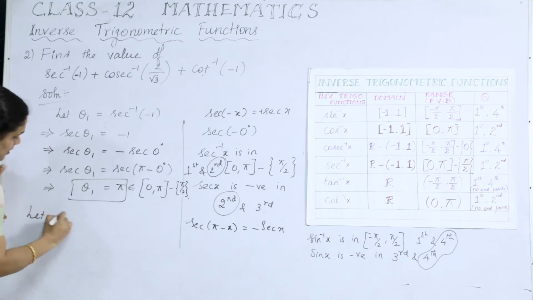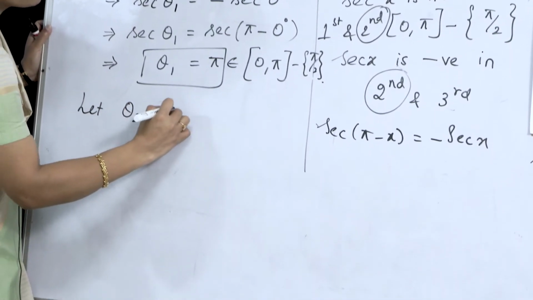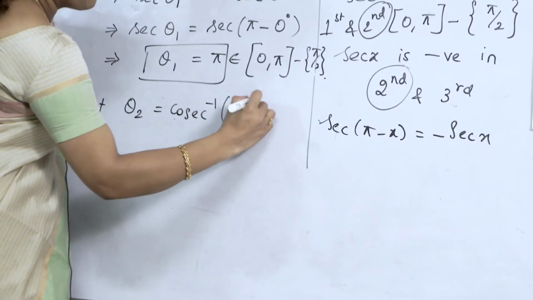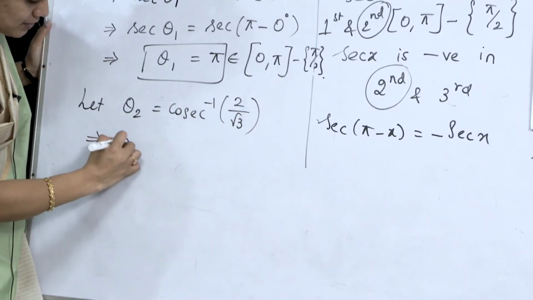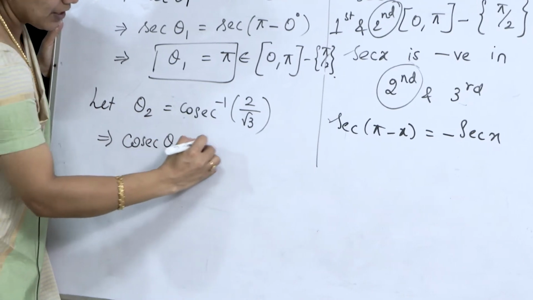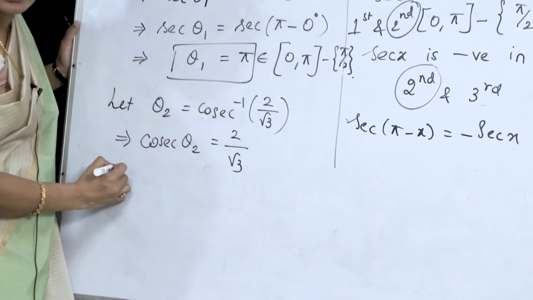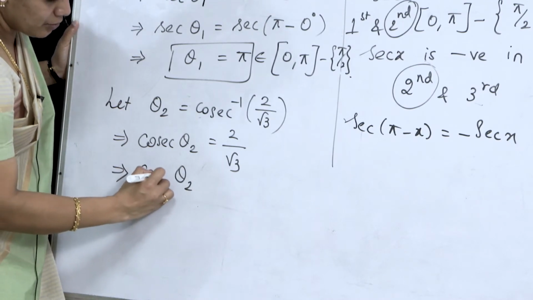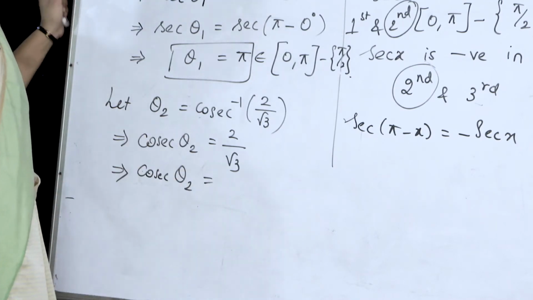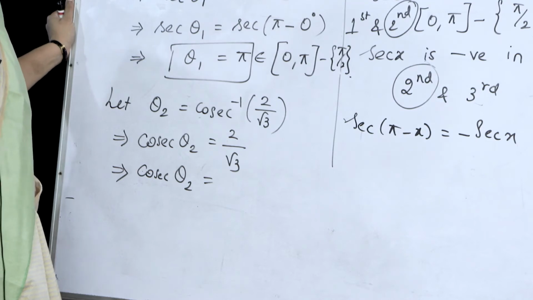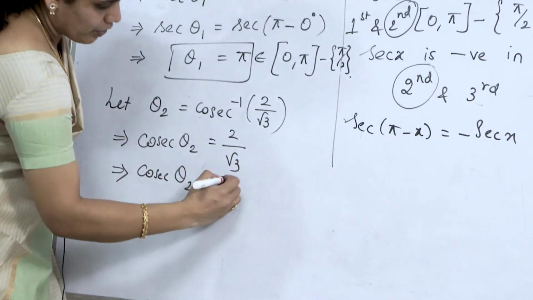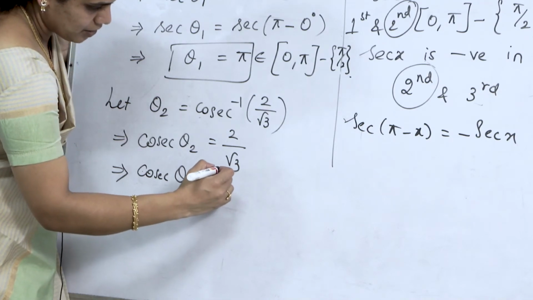Let theta 2 equal cosecant inverse of 2 by root 3. So this is cosecant theta 2 is equal to 2 by root 3. In this case, which angle of cosecant is 2 by root 3? That is, sine 30 is root 3 by 2, therefore cosecant, right? Okay, then, no, 60.